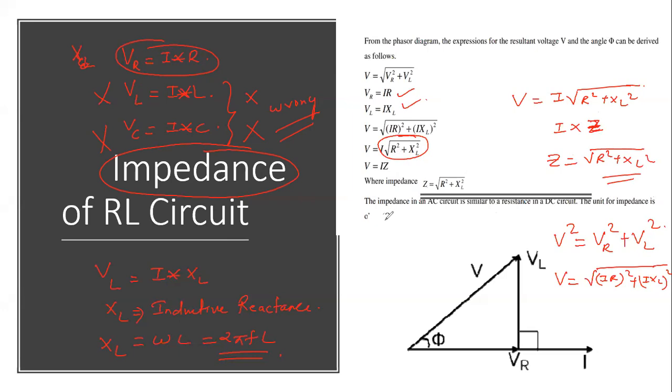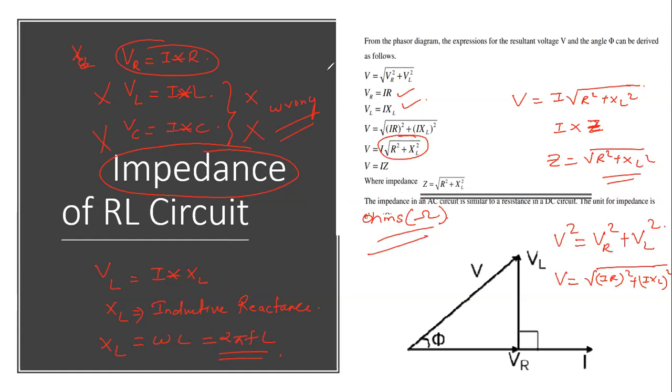What should be the unit of impedance? Anyone? It is nothing but ohms. Always remember, they can ask you what is the unit of impedance in MCQ. Whether it is connected to an RL circuit or RC circuit, it will always be in ohms.